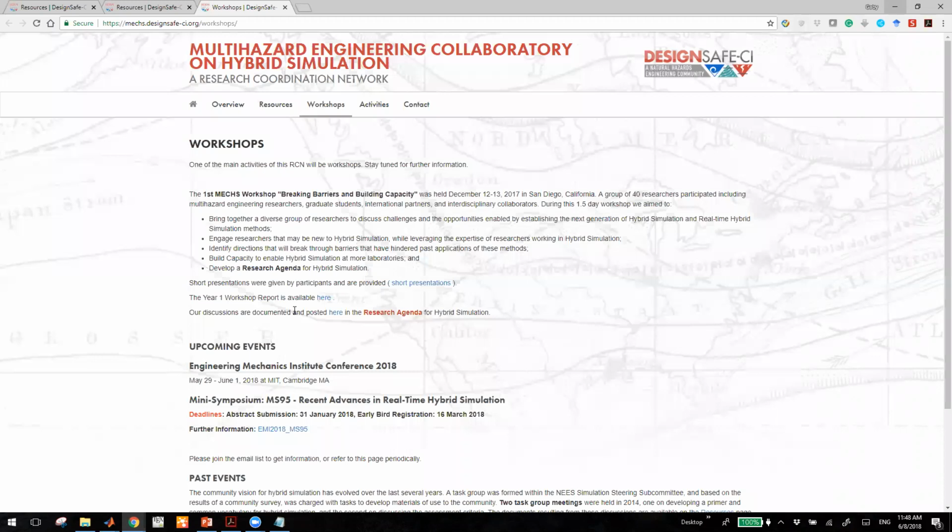Also, personally, I'm interested in using hybrid simulation to test conductors of transmission power lines. How to represent the boundary condition on soft material is very interesting to me. That is also related to the development of real-time hybrid simulation.